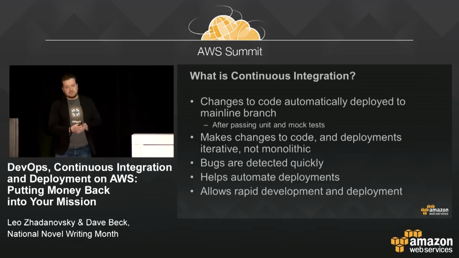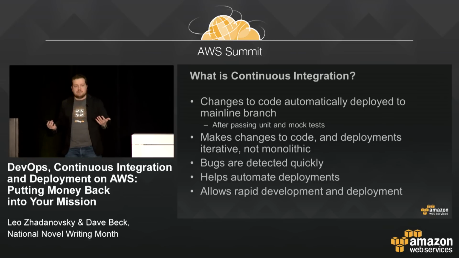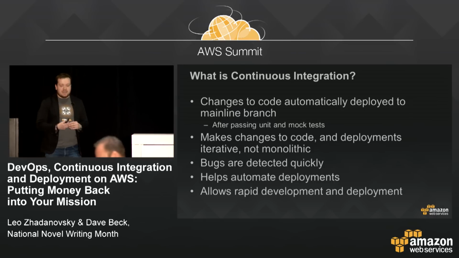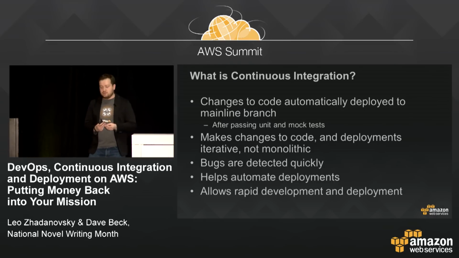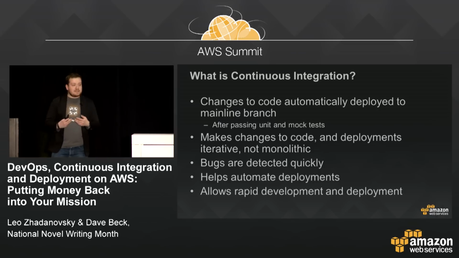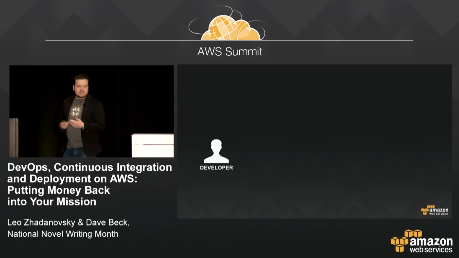If you update your software 4 times a year, it's easy to say, okay, let's just do this manually. It's not a big deal. If you update your software 10 times a day, that doesn't scale, and you have to automate your deployments. This allows you to be much more agile, and things to be much more rapid, right? So what does this actually look like?